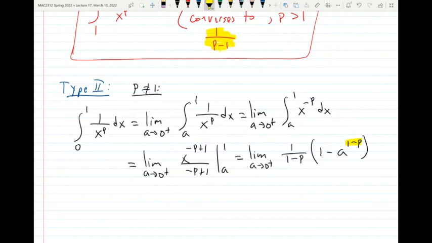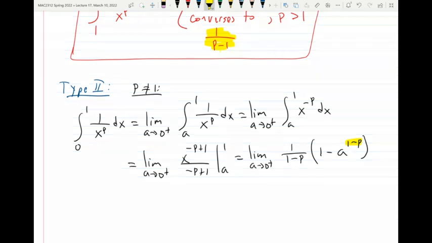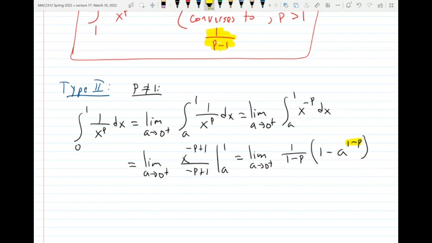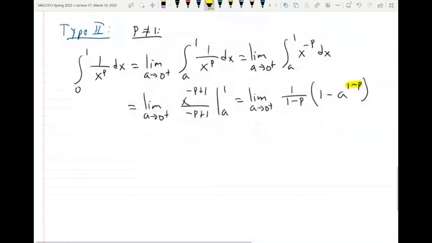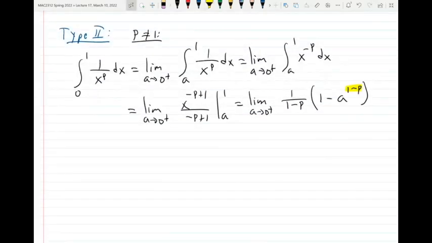If this power is negative, it means that you really have 1 over a to the positive version of the power, so that bottom goes to 0, and 1 over 0 is infinity. And therefore it diverges. So the roles reverse from above. Remember, above it diverged when 1 minus p was positive. Now it's going to converge when 1 minus p is positive. So it's the opposite. Do you understand what I said?